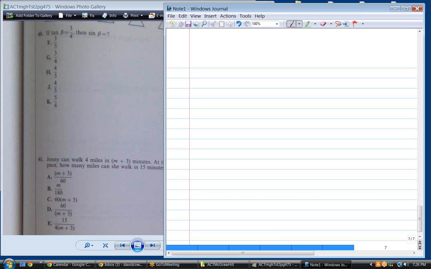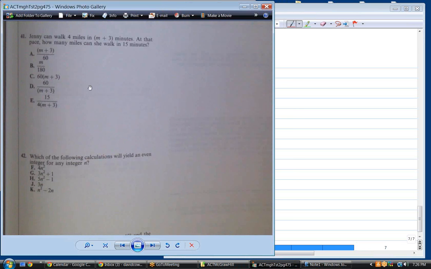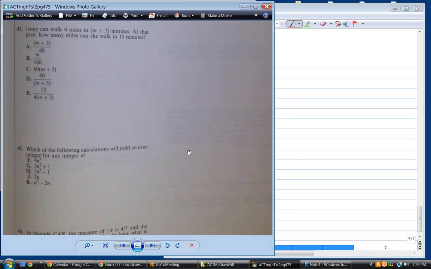Learn to recognize a 3-4-5 triangle, and it'll save you having to do some math. Is it 3/5? Yeah. We haven't done this question? No. Okay. I like this question.